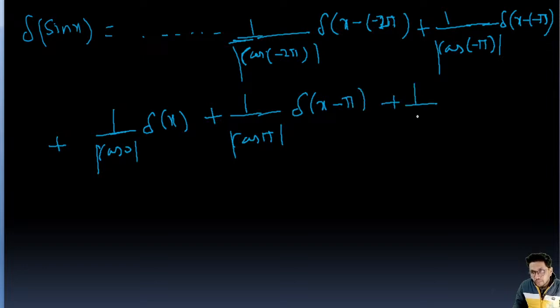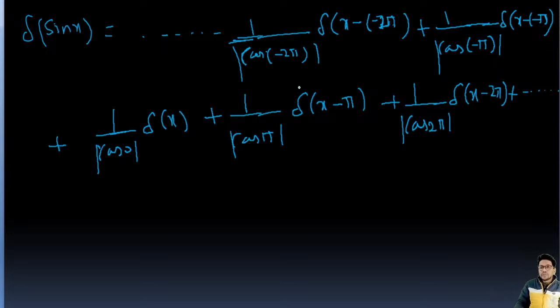Similarly, plus 1 upon mod cos 2 pi for n equal to 2, delta x minus 2 pi, and so on to infinity. We have taken n equal to minus 2, minus 1, 0, 1, 2, and so on.